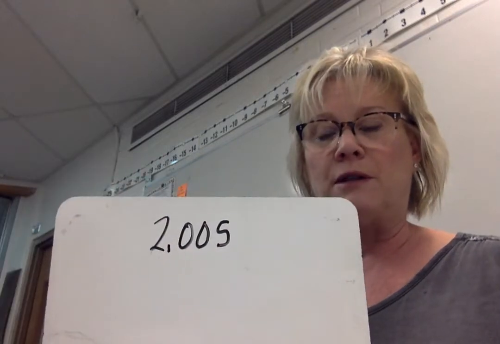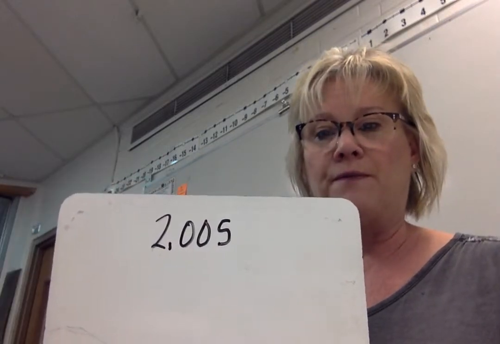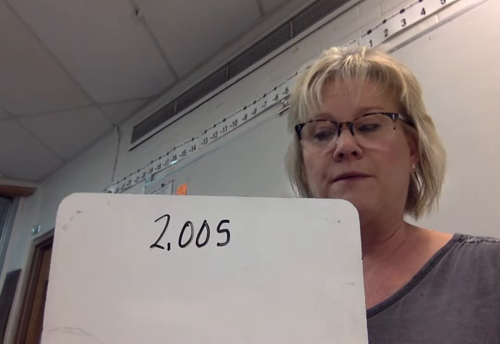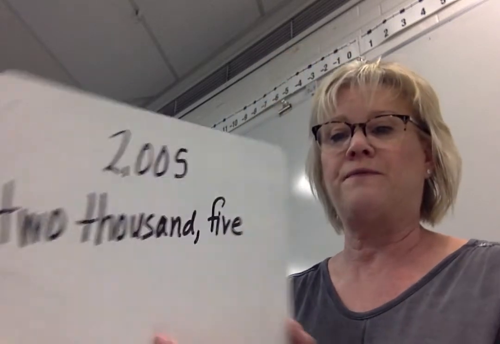All right, go down to the next line. Now write the number 2005. So here's 2005. And let's write this in words. 2,000, comma, 5.